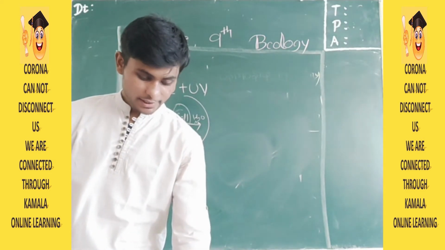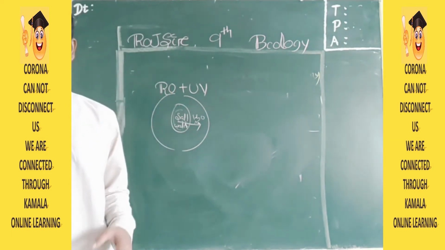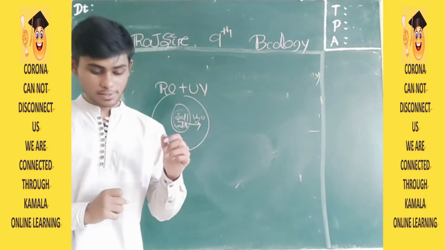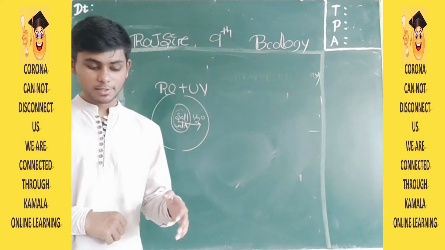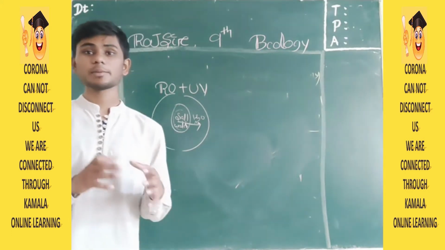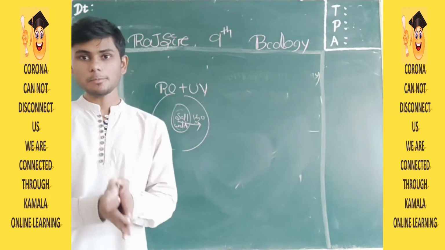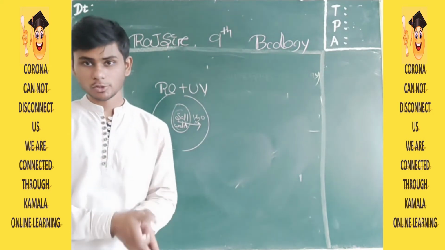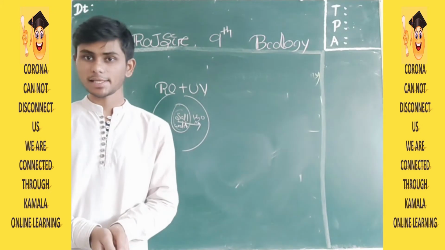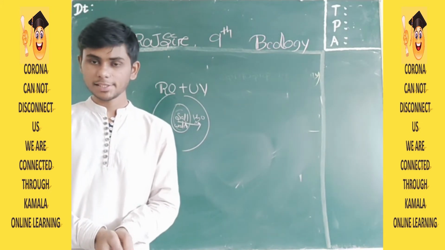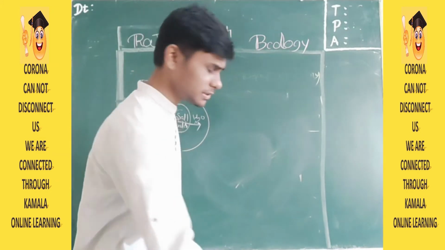These are the two scientists who did this experiment called desalination, which means removing salt from water. This is called reverse osmosis, and this is also desalination. Is that clear?